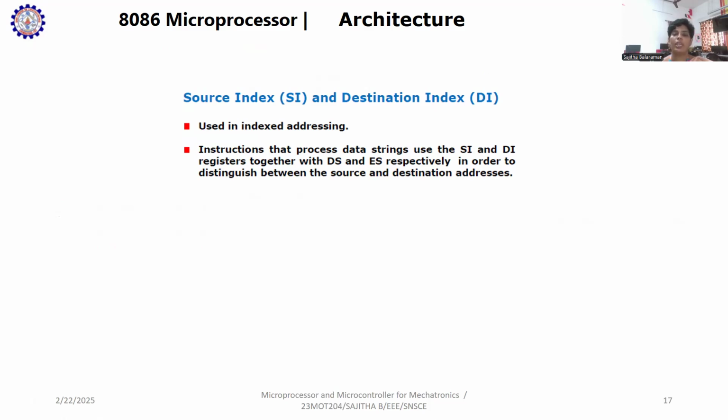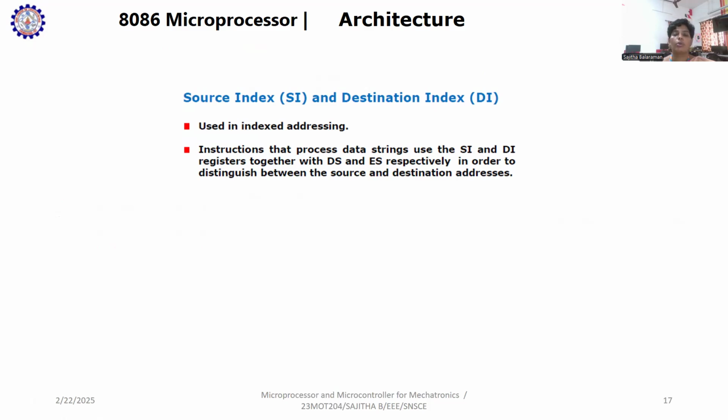When AL and BL have to be swapped, there has to be a temporary register in between to put the value of AL into it, and then put the value of BL into AL, and then the temporary value into BL. Likewise, that is the operation of the operand and the flag registers in the architecture of 8086.